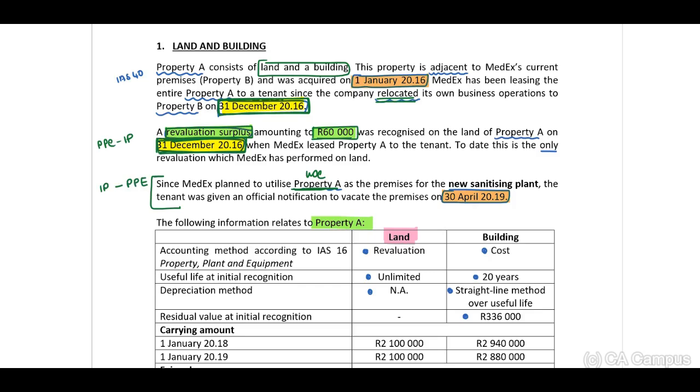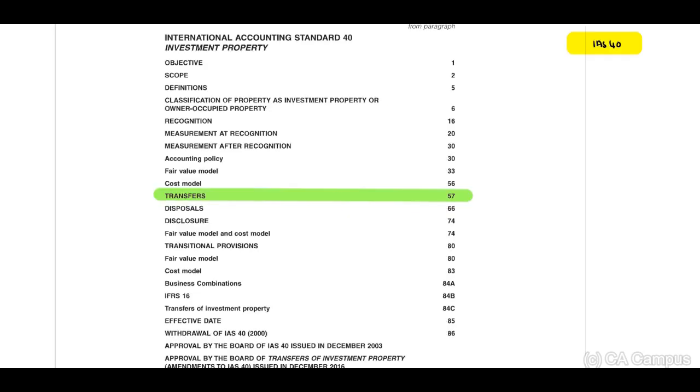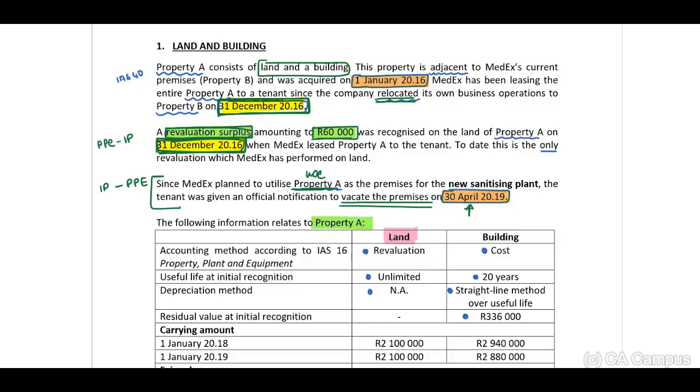The new sanitizing plant, the tenant was given an official notification to vacate the premises. Therefore, on 30 April, now for our level 2 students, if you're not sure what to do, you open your contents page, IAS 40, you identify where's the transfers section, paragraph 57, and you open this and you identify that we need to transfer the asset at fair value on that date, right?